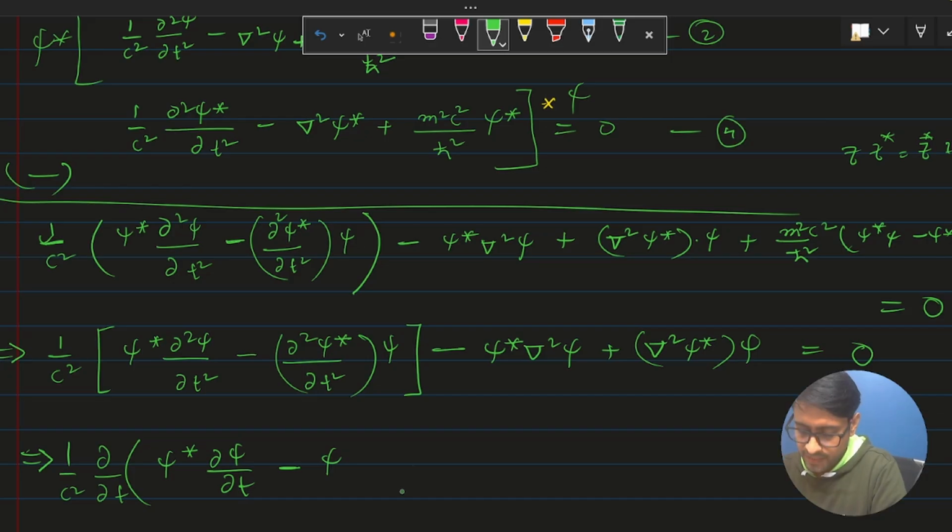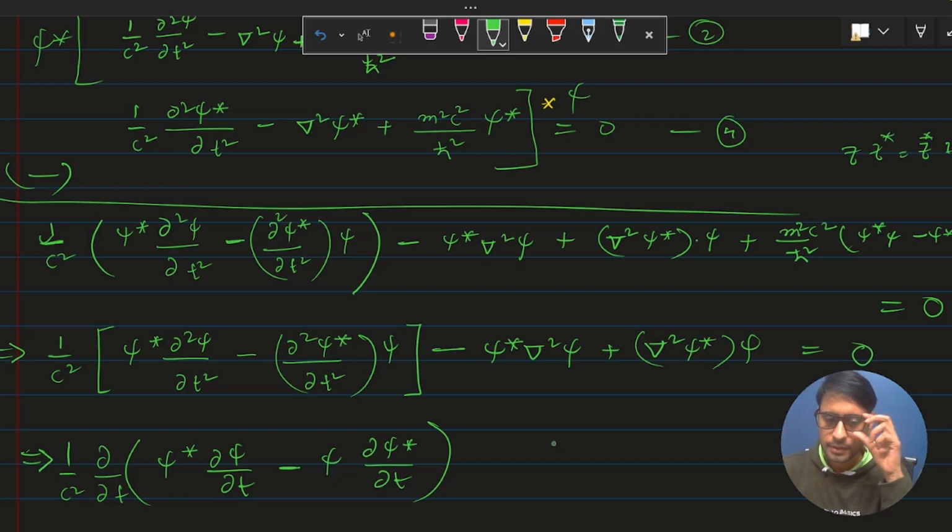Now this has become the first derivative because we have taken one of the derivative terms outside, and minus instead of minus. We can take it as positive also, but for the time being we can write it with a minus sign.